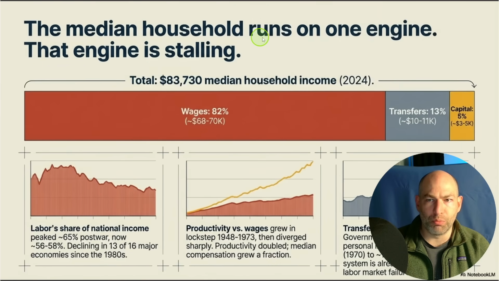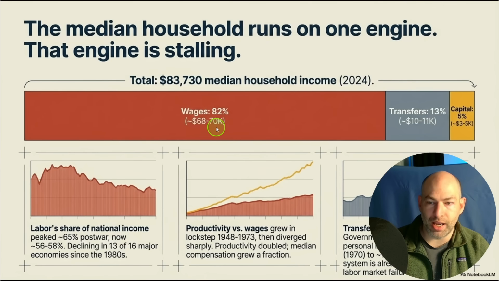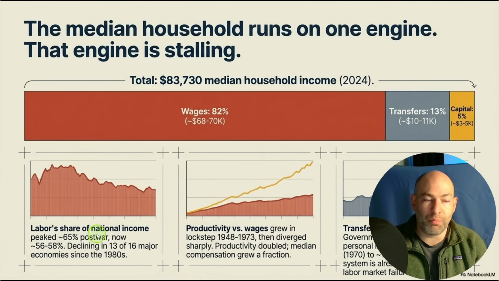Median household income runs on one engine, and that engine is stalling. So when people ask for evidence, say, jobs, technology always creates new jobs. My assertion is that post-labor economics began in about the 70s. So when we see that labor share of national income was about 65%, and now it's down to about 56 to 58%. And by the way, it's not just America that it's declining in.